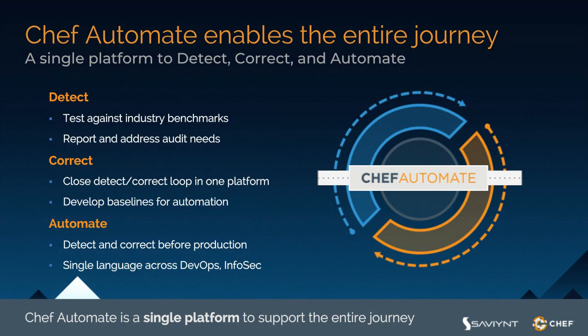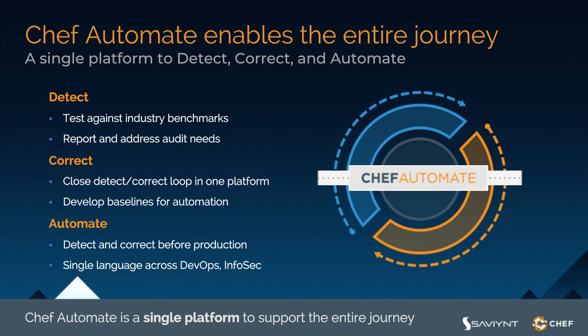And so ultimately, where Chef Automate and the constituent tools, Chef, InSpec, and Habitat fit into this is providing automation engines to enable this journey. With InSpec, we have the ability to test our systems against industry benchmarks provided in Chef Automate and report any addressable misconfigurations or failures in continuous audits.